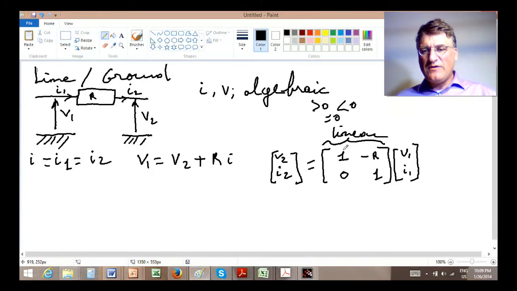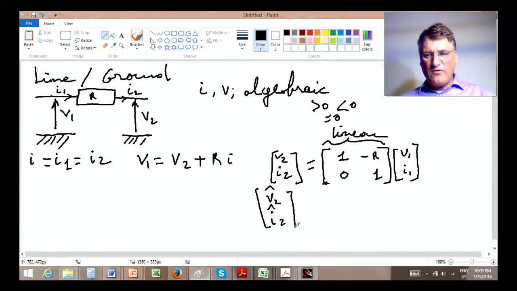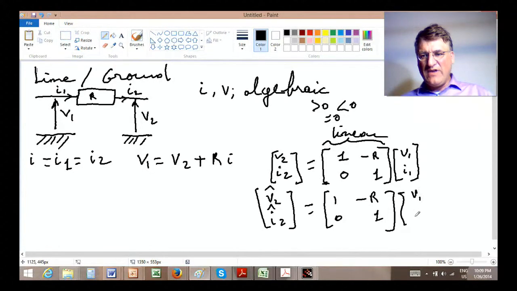And so, through that mechanism, this will prove to be quite useful, because what we have seen previously is that the Laplace transform is most useful for linear differential equations. And by the way, talking about Laplace transform, you get that the transformed (V2, I2) is just likewise equal to the matrix (1, minus R; 0, 1) times (V1, I1).